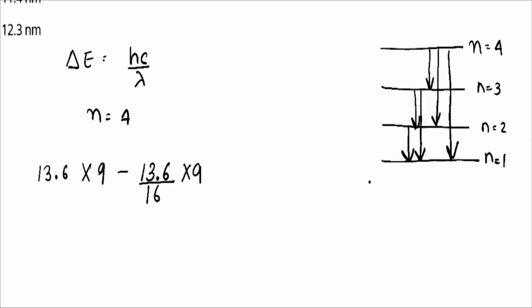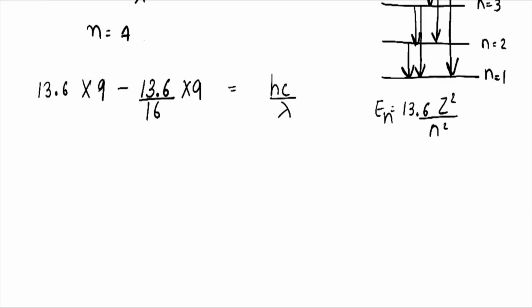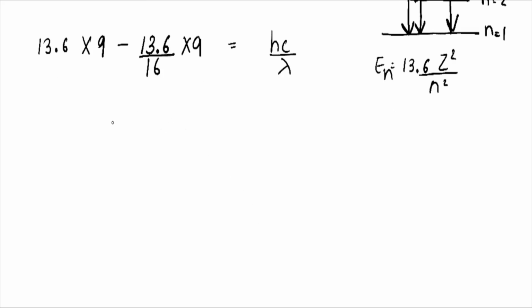The formula is: energy of the nth level of a hydrogen-like atom is 13.6 Z square by n square. So from here, this would be equal to hc by lambda. Since this value is in electron volts, it would be 9 bracket 13.6 minus 0.85 equals hc by lambda.